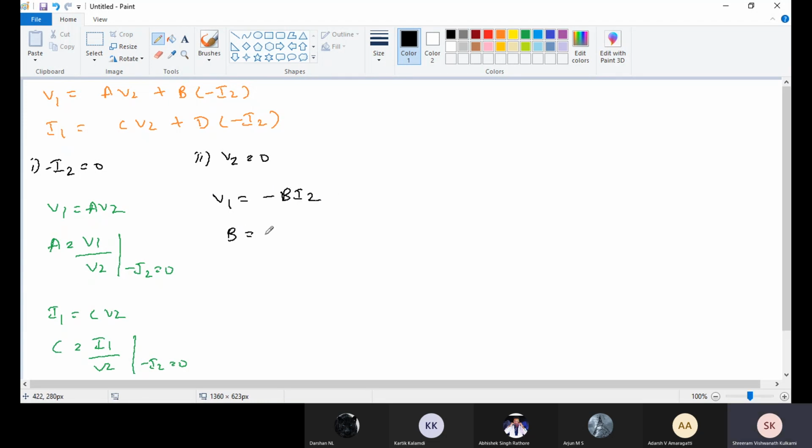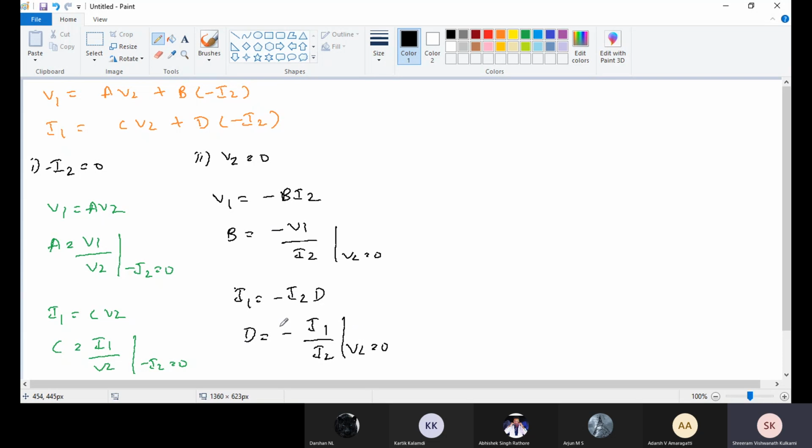So B equal to minus V1 by I2 when V2 equal to 0. Then in the second equation, I1 equals minus D I2, that is D equal to minus I1 by I2 when V2 equal to 0.